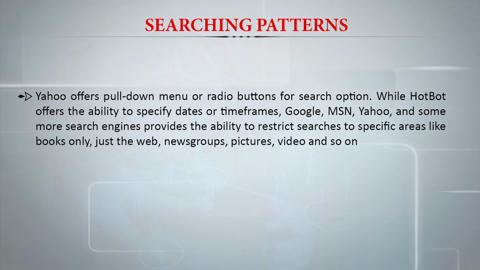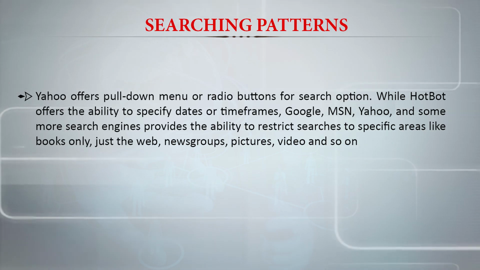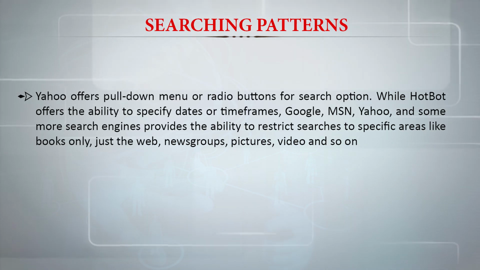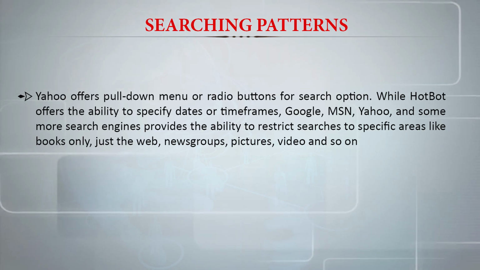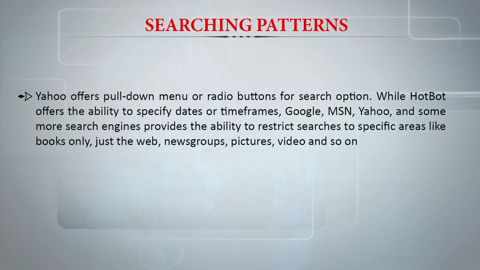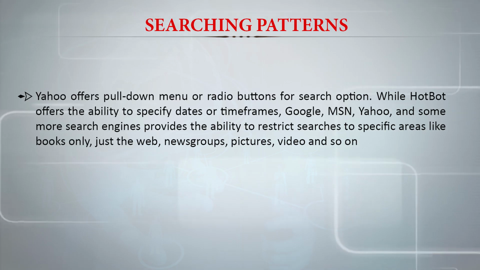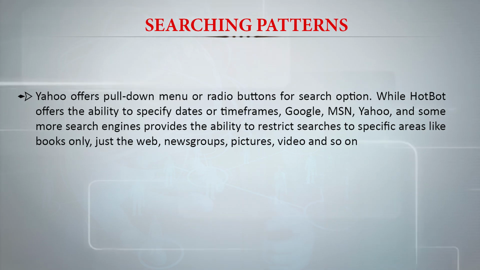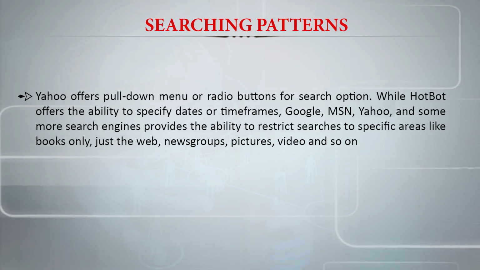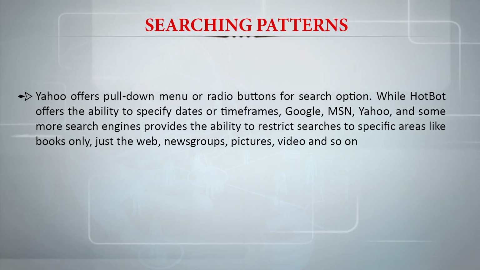While Hotbot offers the ability to specify dates or time frames, Google, MSN, Yahoo and some other search engines provide the ability to restrict searches to specific areas like books only, just the web, news groups, pictures, video and many more things. Now, let us briefly discuss searching using the most popular search engine, Google.